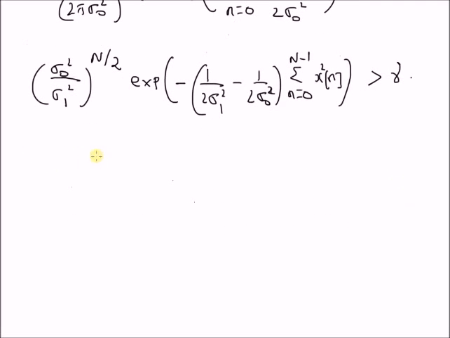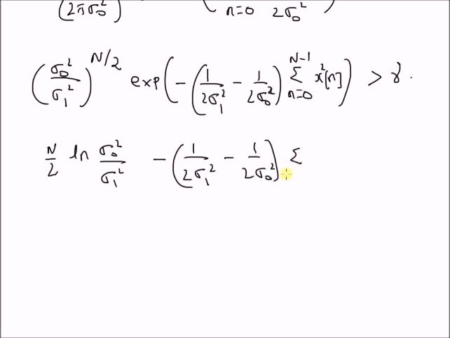So, taking logarithm on both sides, we have n by 2 logarithm of sigma naught square over sigma 1 square minus (1 by 2 times sigma 1 square minus 1 by 2 times sigma naught square) multiplied by the sum n equal to 0 to n minus 1 x square of n is greater than logarithm of the gamma.